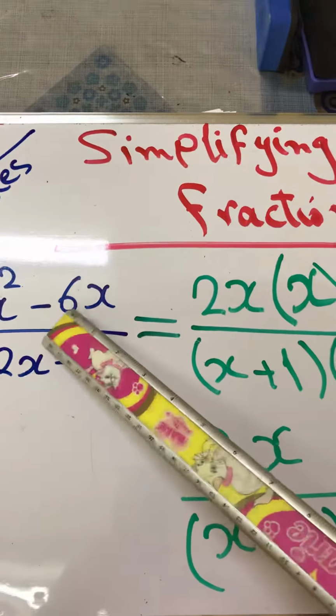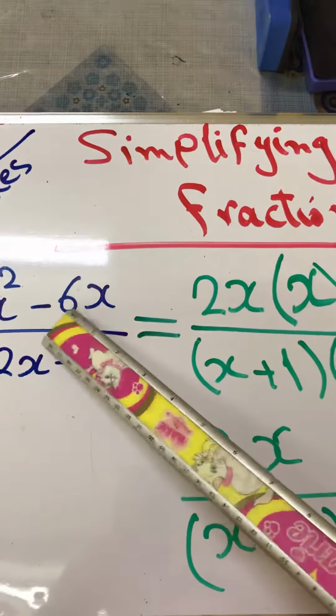Then look to the third term. The third term is negative. This negative comes from multiplying a positive and a negative, so I'll put a positive sign in one bracket and a negative sign in the other. Now this negative 3 comes from multiplying 3 times 1, and I need to decide which will take the positive sign and which will take the negative sign. Look to the middle term.